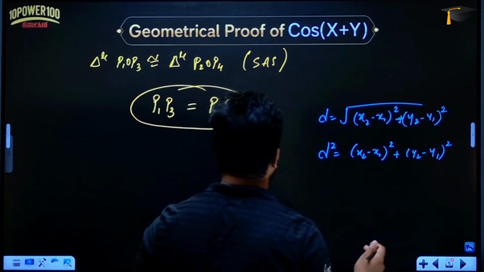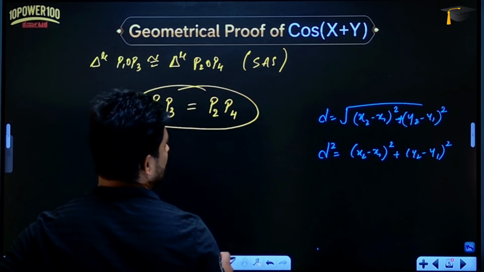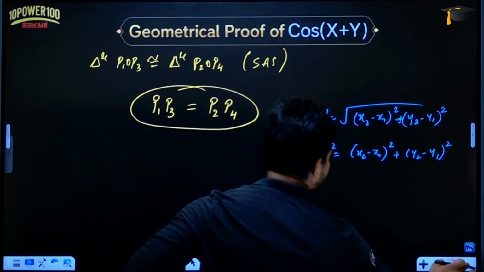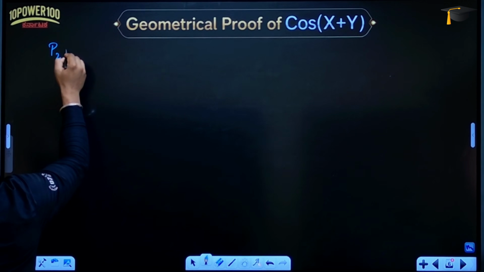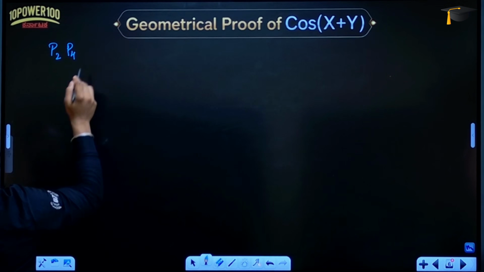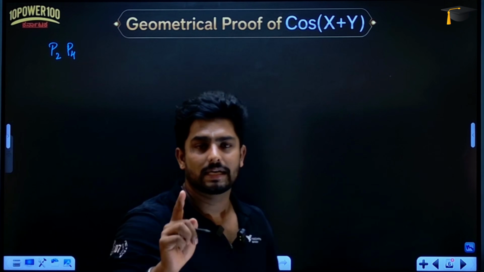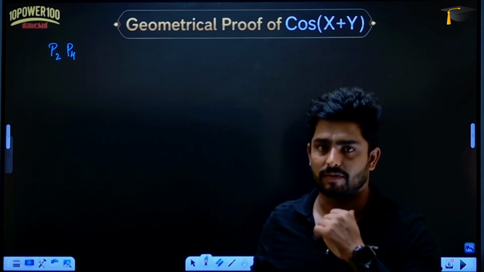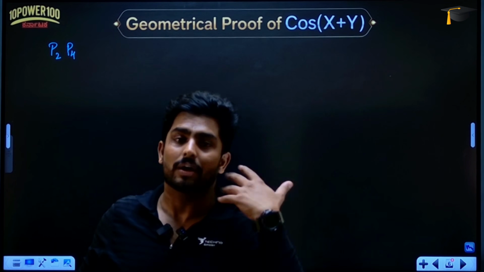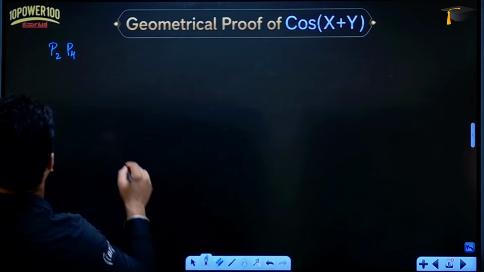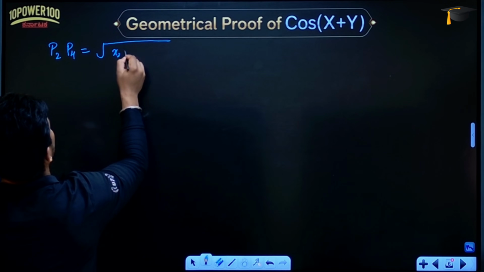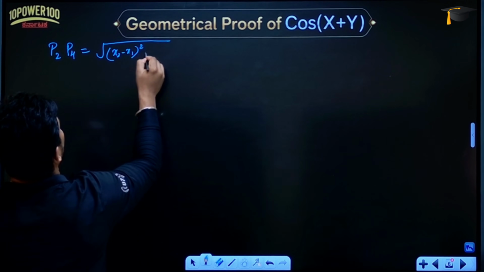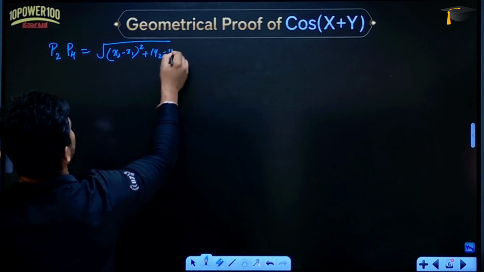So let's do that. I'll do it separately. First let's find P2 P4 distance. Please understand this one. Since I am using the distance formula, I don't want to consider the root in that. So what I will consider is P2 P4 equal to root of (x2 minus x1) the whole square plus (y2 minus y1) the whole square.